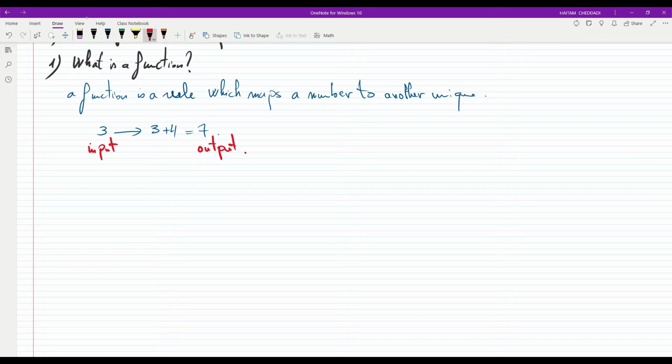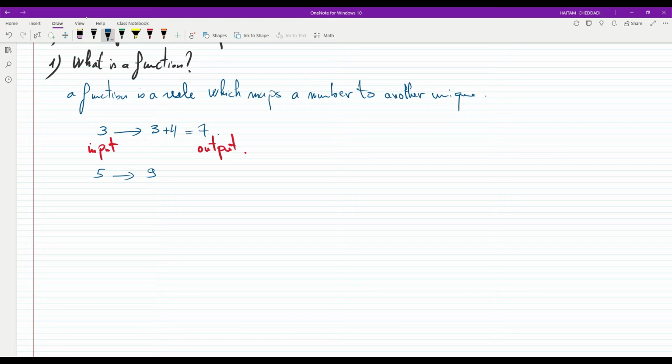Another example of the same function, the same rules apply. If we take 5 as an input, we're going to find 5 plus 4 equals 9 as an output, and so on.